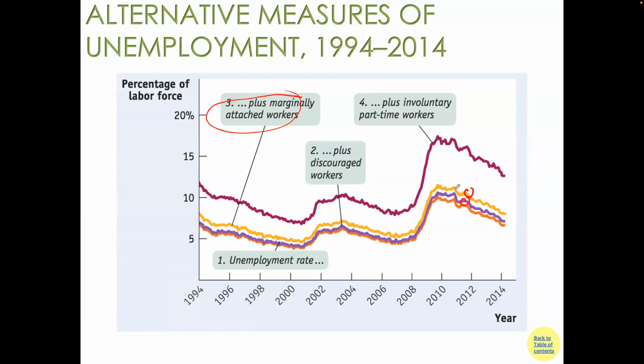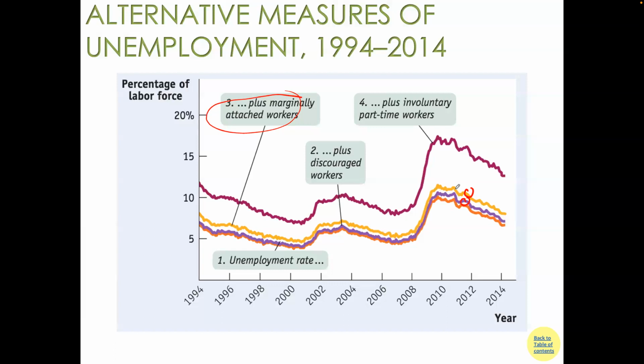That's going to give you the number of marginally attached: those who have not been searching for a job in the past 4 weeks, meaning they are not technically classified as unemployed, but they have tried in the past year. So this particular type of worker, their number is going to increase when the recession is deep.